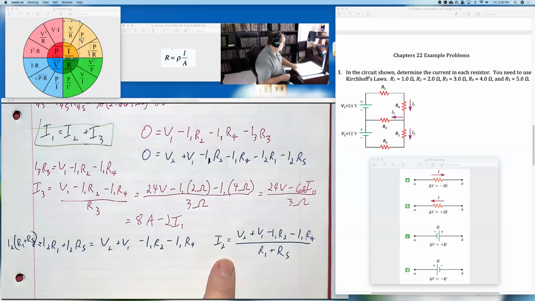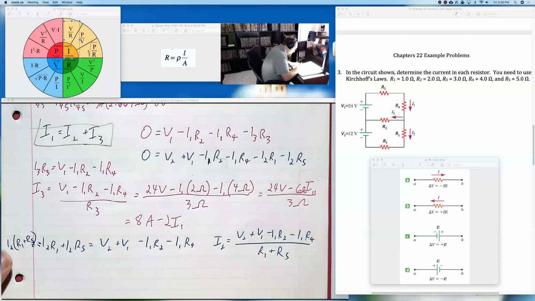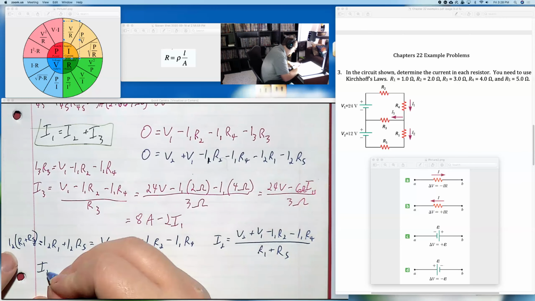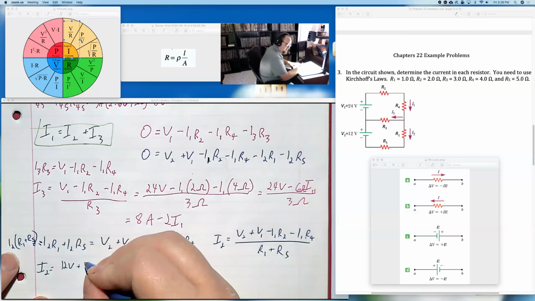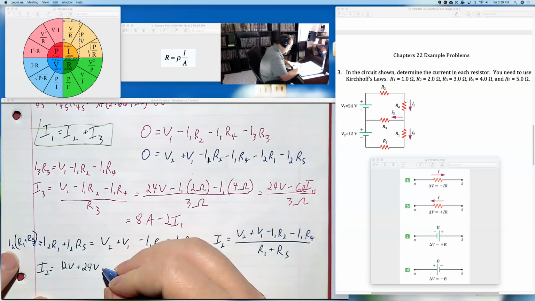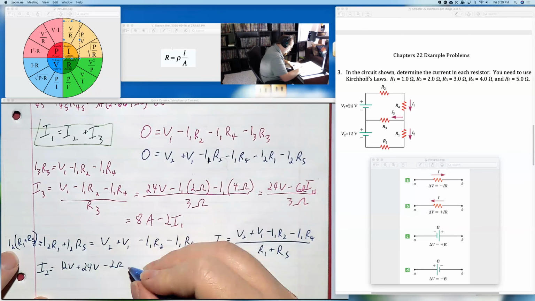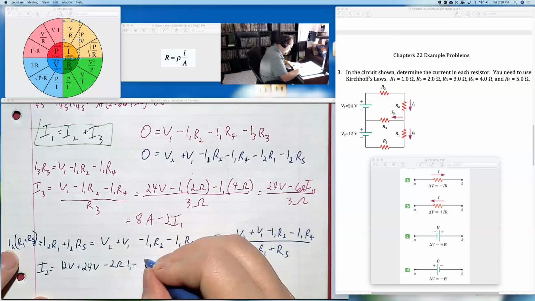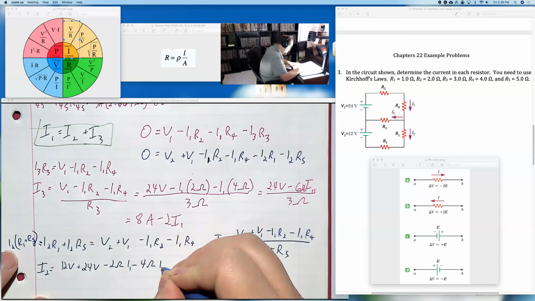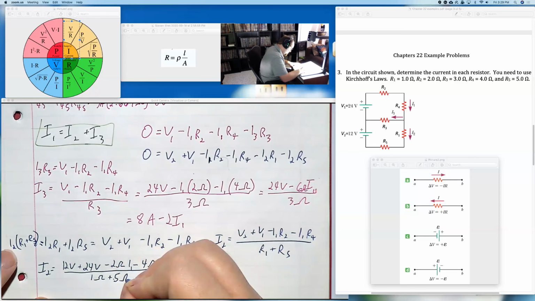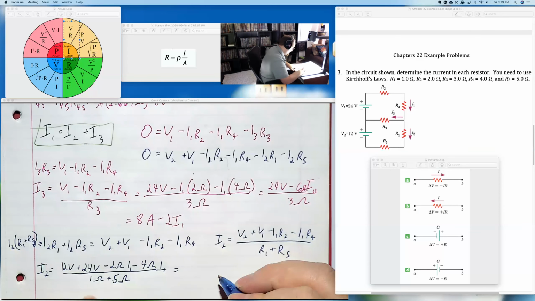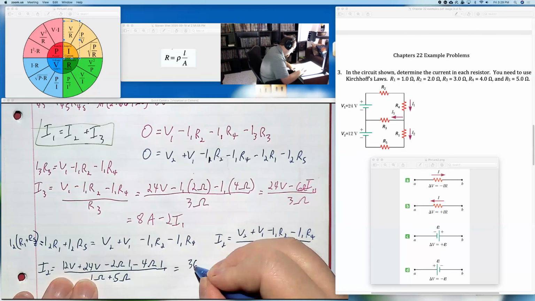Now, once again, I could work with this, but I'm going to plug in some numbers and hope it simplifies. So I need 12 volts plus 24 volts minus 2 ohms I1 minus 4 ohms I1 over 1 ohm plus 5 ohms, which is 12 plus 24 is 36.